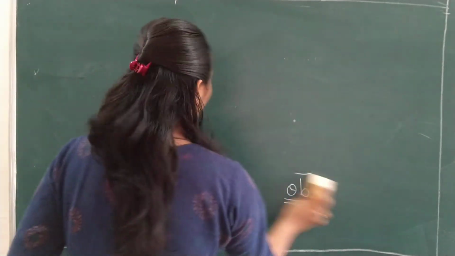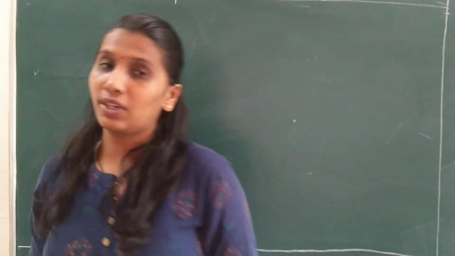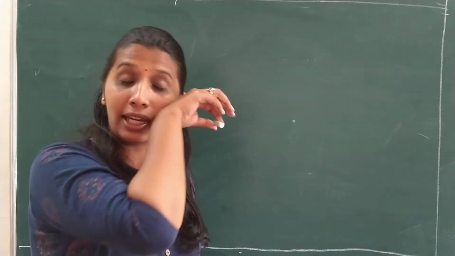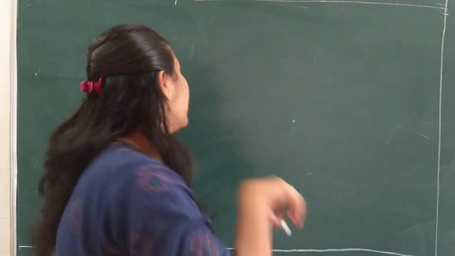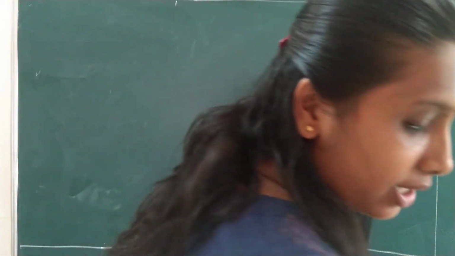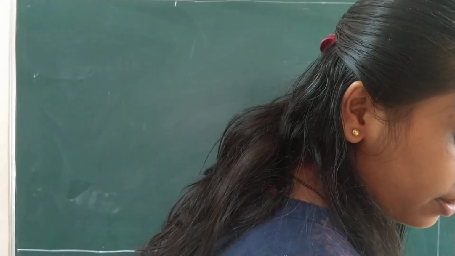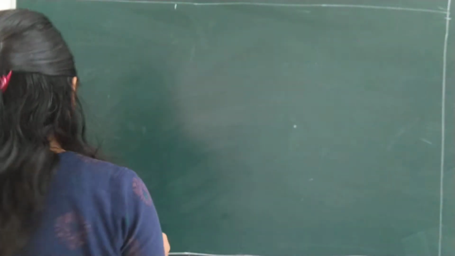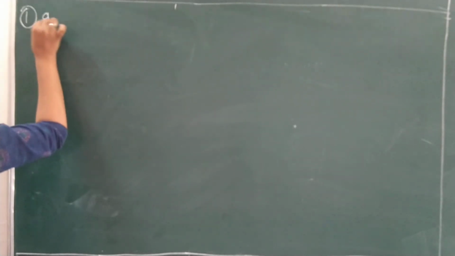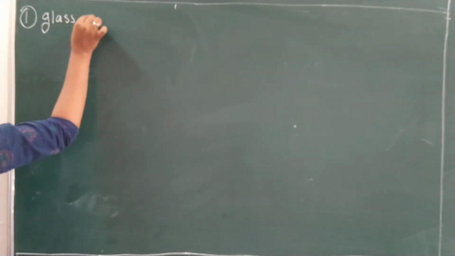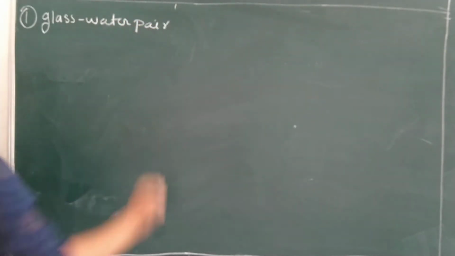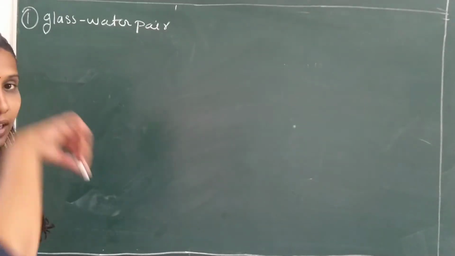So let's clear with two pairs only now. First we have taken the glass and water pair, and second was the glass and mercury pair. First I will deal with the glass water pair. The first pair is the glass water pair, which was showing what angle of contact?